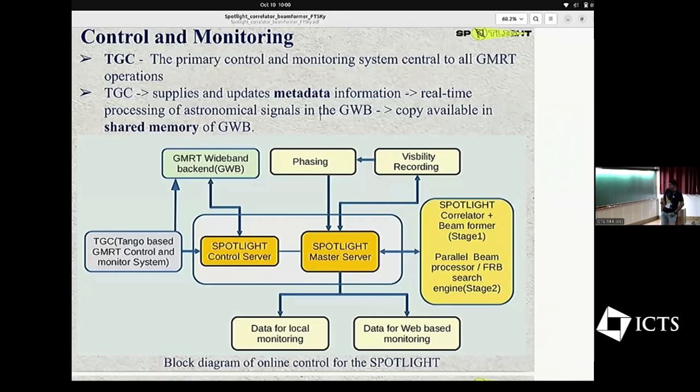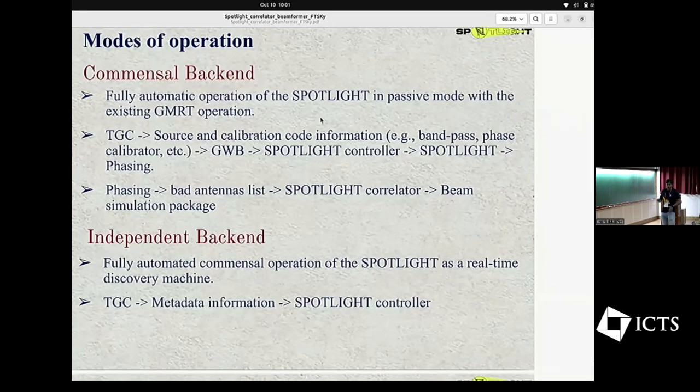The Spotlight server also does other activities like visibility recording at 1 second, doing the phasing, and sending it for monitoring. There are two modes of operation of Spotlight: one is commensal, running along with the GWB, and the other you can run independently, with the TGC directly sending the metadata information to Spotlight.